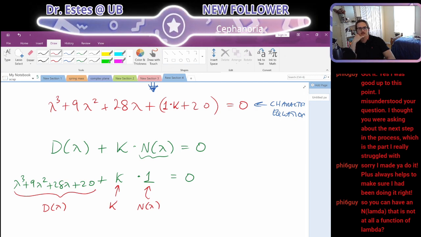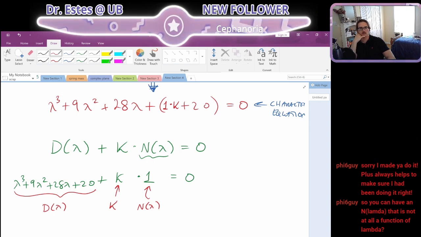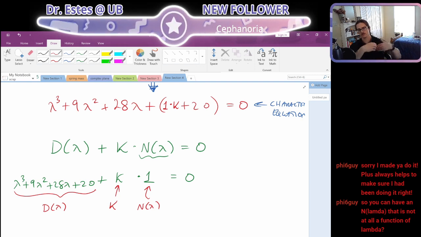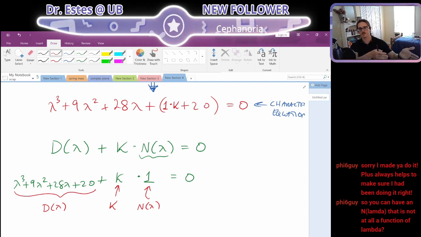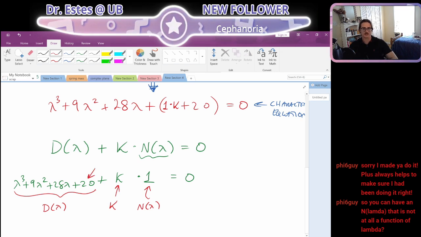So you can have an n lambda that is not at all a function of lambda? Yes, actually. Well, think about it this way. n lambda is a polynomial in lambda generally, but a polynomial can always have a 0th order term. Just like d lambda has 20, which isn't being multiplied by lambda. I see what you're saying.